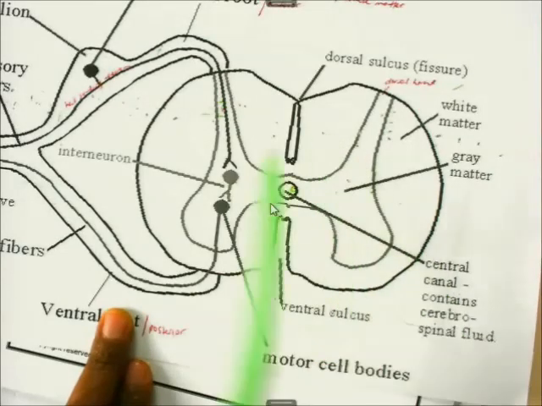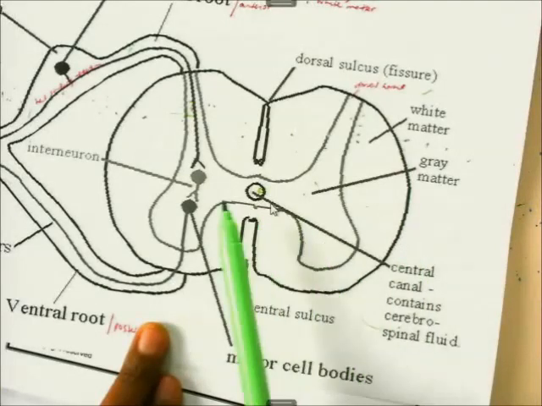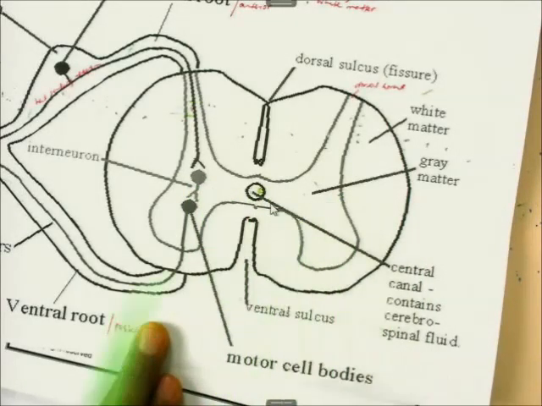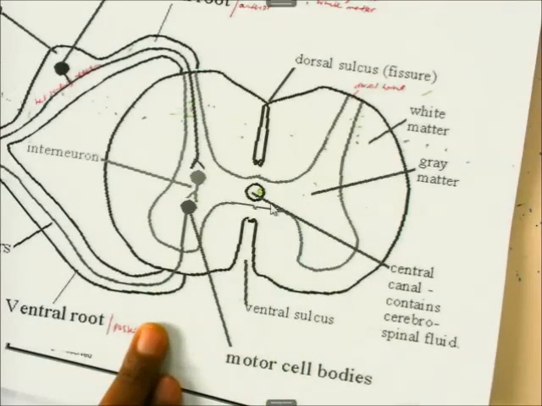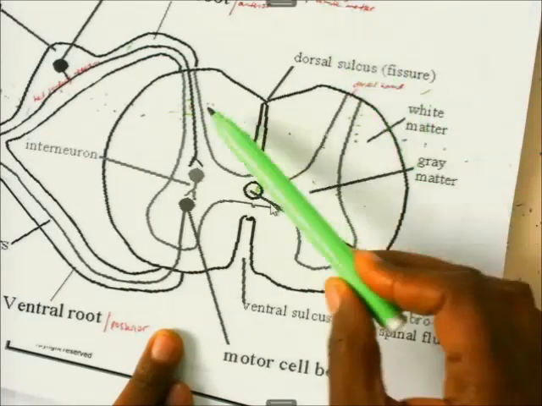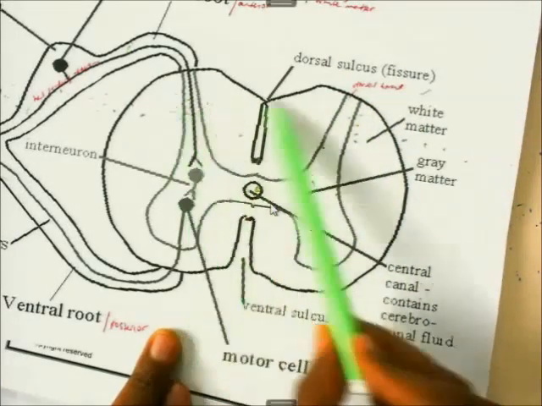The other part of the spinal cord is this H-shaped part, which has the dorsal horns and the ventral horns. If you don't want to call these the dorsal horns, you can call them the anterior horns.